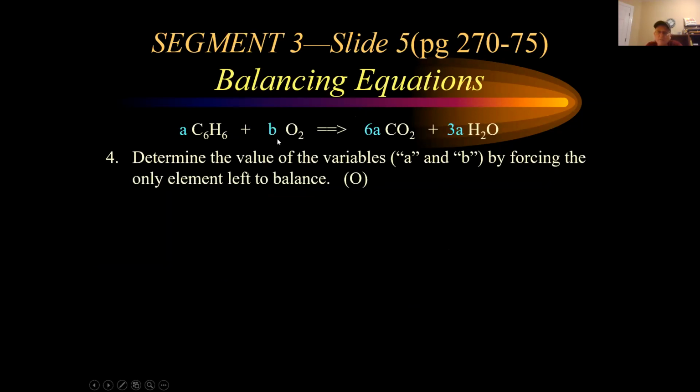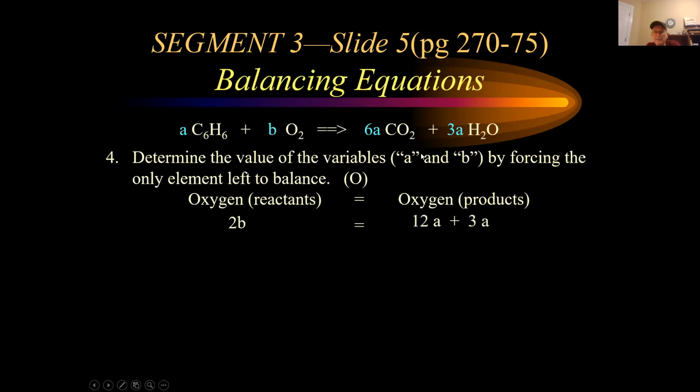Okay, so the number of oxygens that I have on the left is 2B. The number of oxygens I have on the right is 2 times 6A, which is 12A, and 1 times 3A is 3A. So 2B has to equal 15A.